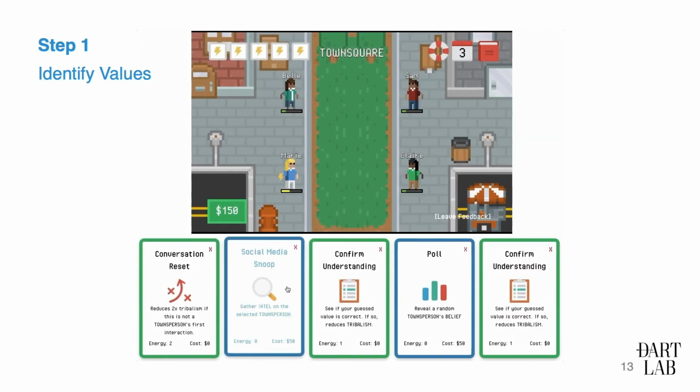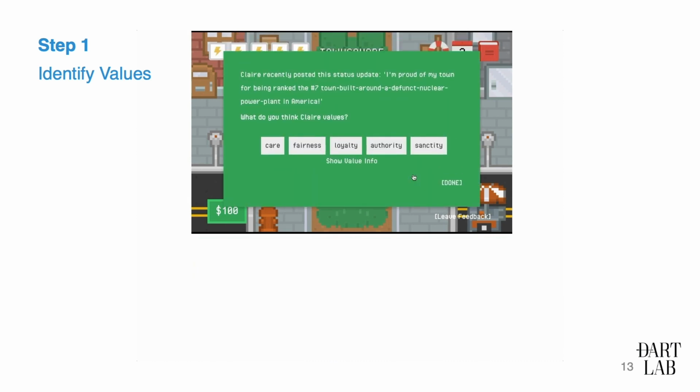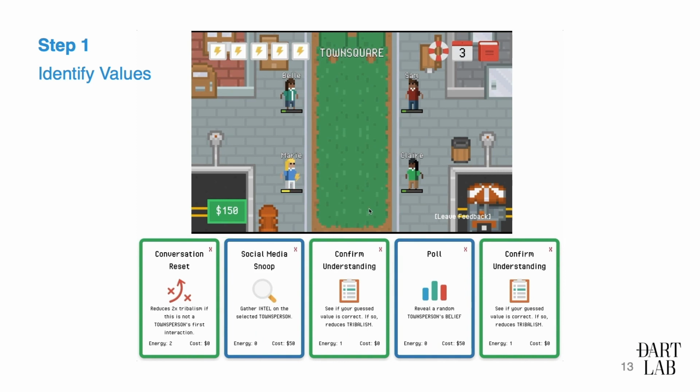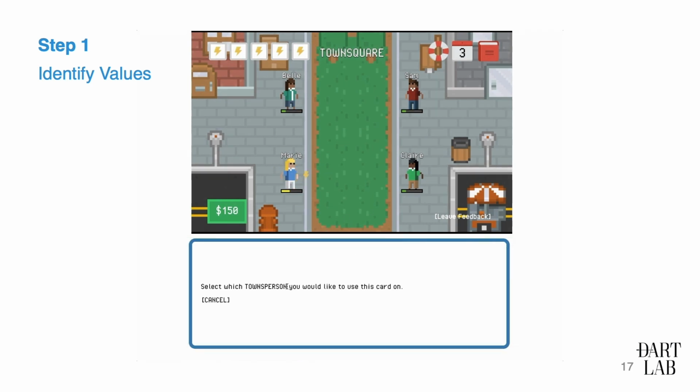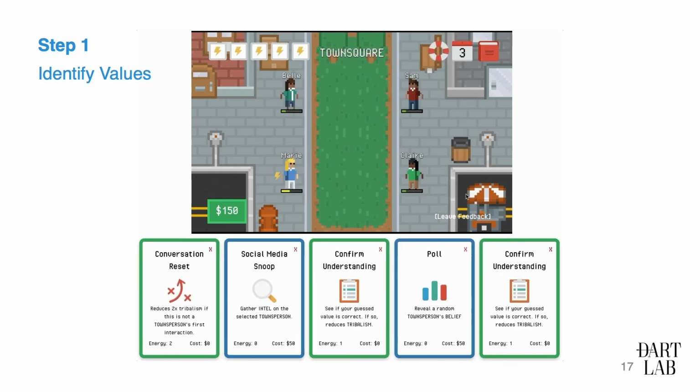To persuade people, players first have to play detective, gathering clues about the townspeople so that they can identify what they value. Each townsperson cares about one of 5 different values, which are based off of Haidt's moral foundations theory. So the first step is identifying which one of these 5 foundations each townsperson values.